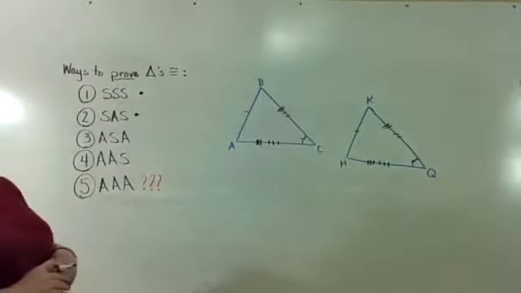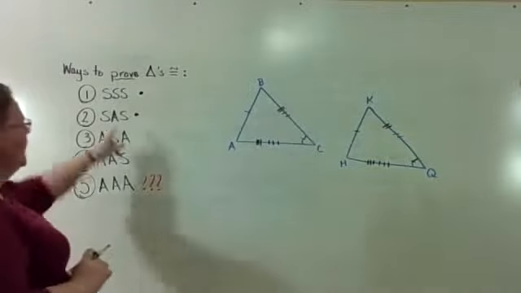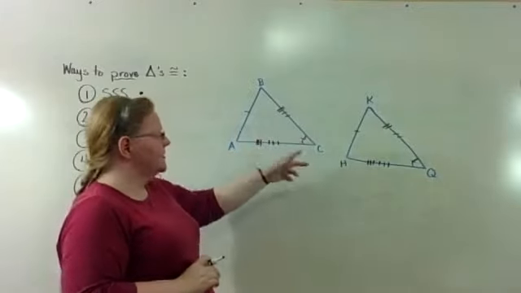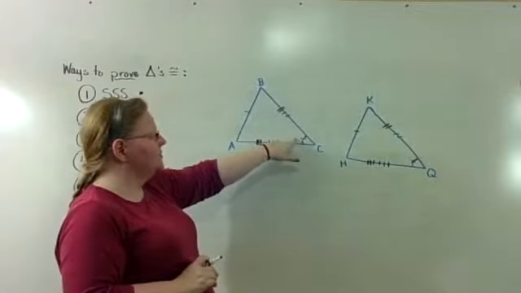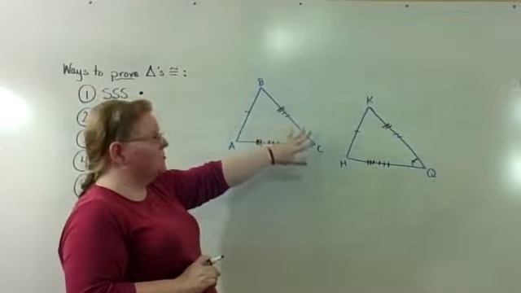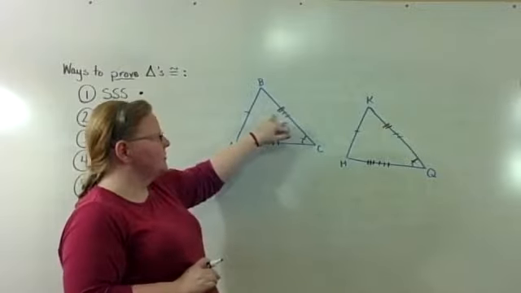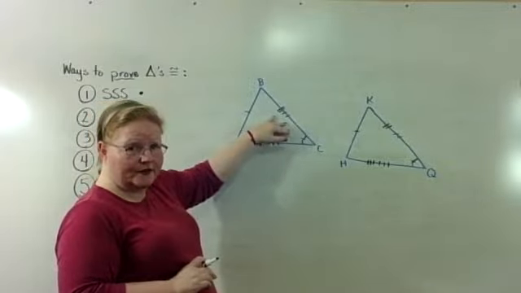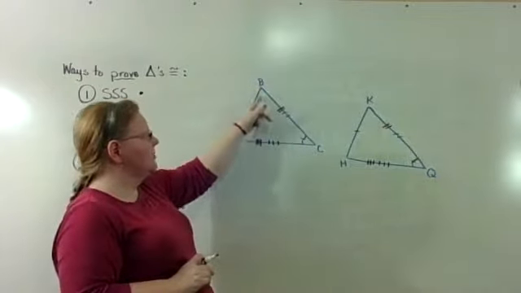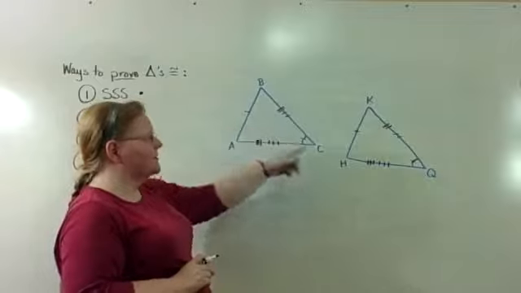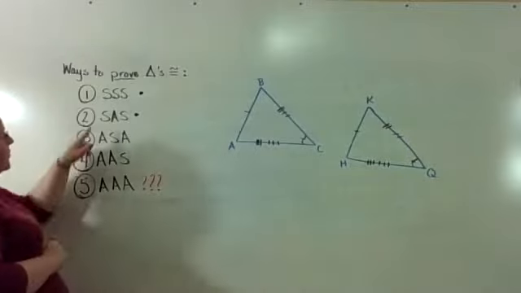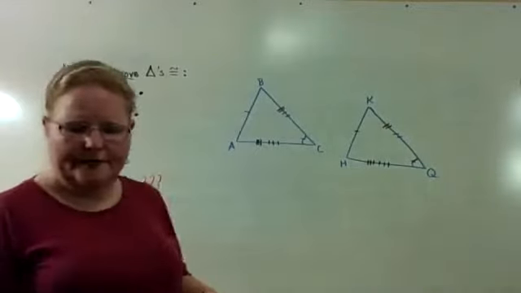I know I'm marking them up, but you'll be all right. The angle has to be included. The reason for that is if the angle is included, then this has to be only a set space, which means that if these sides are the same, just like it was when you're drawing stuff, then this can only be so far out, and it's going to create congruent angles, and that side's going to have to be the same as that side. So this one works, side, angle, side.